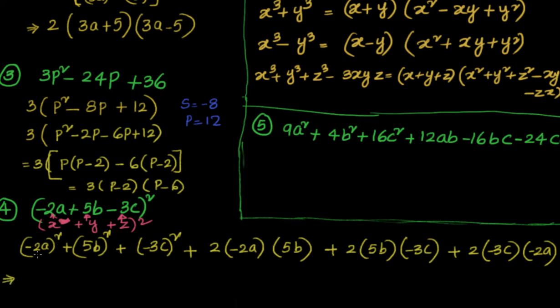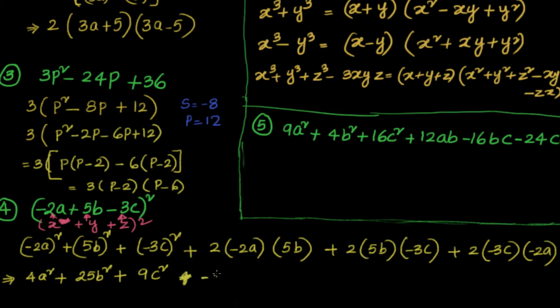Minus square is plus, 2 square is 4, so I can say 4a², plus 5 square is 25, 25b², plus minus 3 whole square is 9, 9c², plus 2 into 5 is 10, 10 into 2 is 20, and there is a negative symbol there.